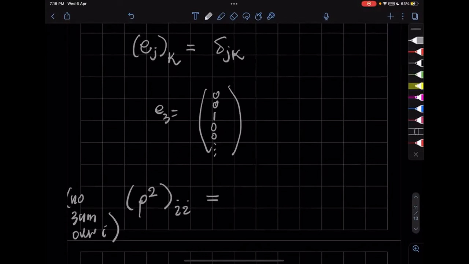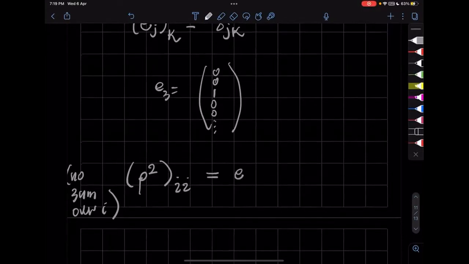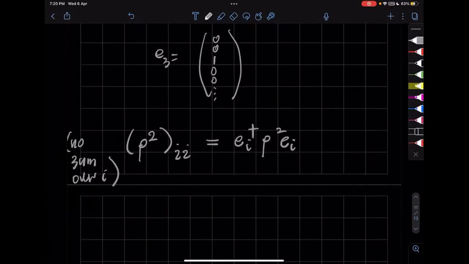So this thing is going to be the same thing as EI dagger rho squared EI, right? Do you agree? That's just writing it in the basis. Yeah, it's some sort of orthogonal basis.